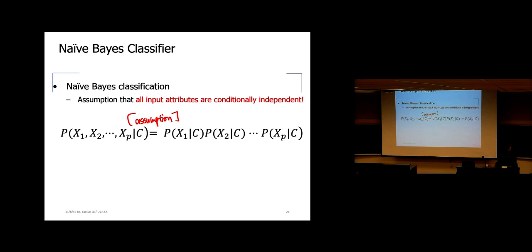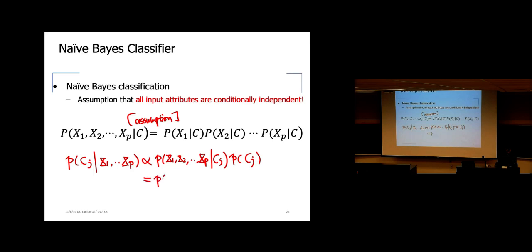Before, to compute P of Cj conditioned on x1 to xp, that's my classification rule, I needed P of x1, x2, up to xp conditioned on Cj, times P of Cj.